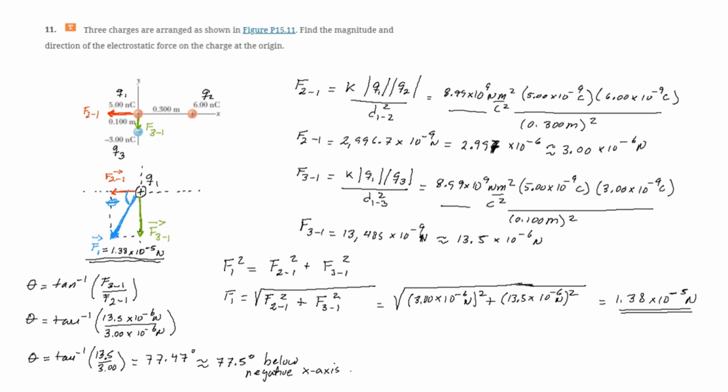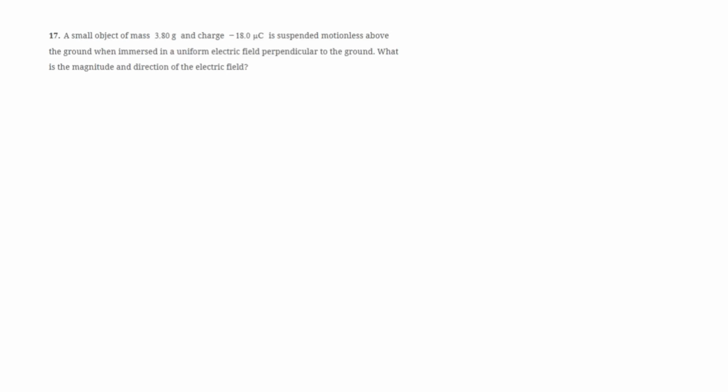Let me show you another problem that I have for you here. This problem is pretty easy, but it's very interesting. We have a small object of mass 3.80 grams and with a negative charge of negative 18.0 microcoulomb.